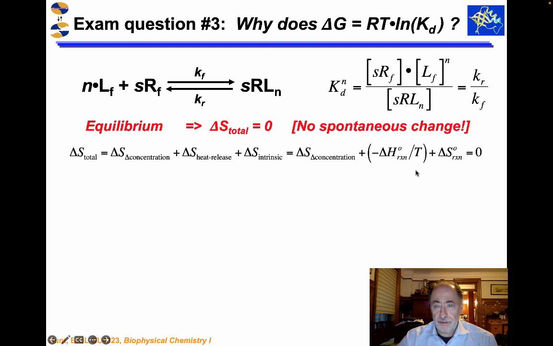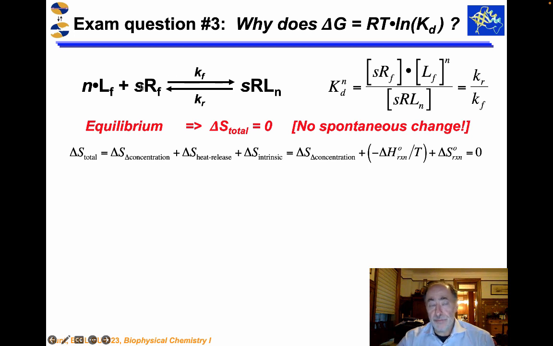We've already established these terms and principles. Remember, these are the entropy and enthalpy changes in the course of a single cycle of the reaction, so n ligands and one receptor making the SRLN complex.